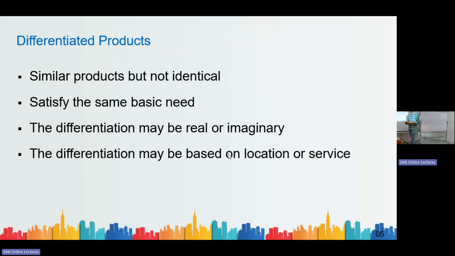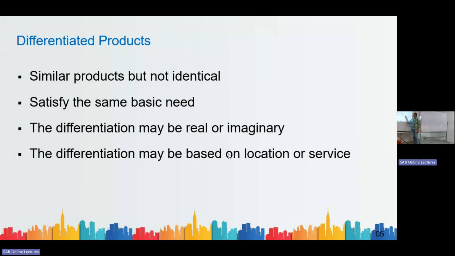So location is one way of differentiation, and the other is customer service: how they greet the customers, how they arrange seats, whether the customers are provided well-facilitated washrooms, and whether car parking is available sufficiently. Those services are also one way of differentiation.